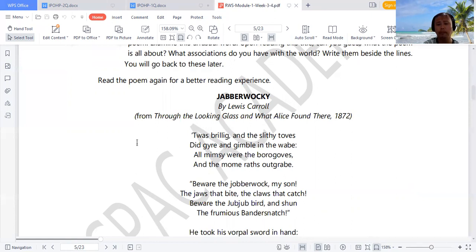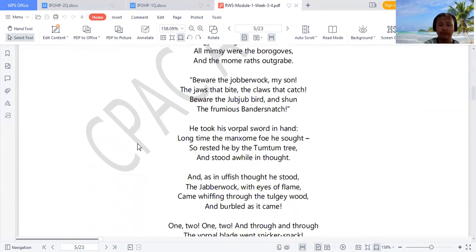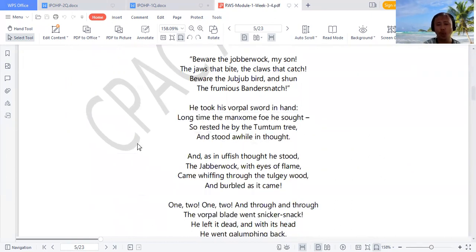Beware the Jubjub bird, and shun the frumious Bandersnatch. He took his vorpal sword in hand. Long time the manxome foe he sought. So rested he by the Tumtum tree, and stood awhile in thought.